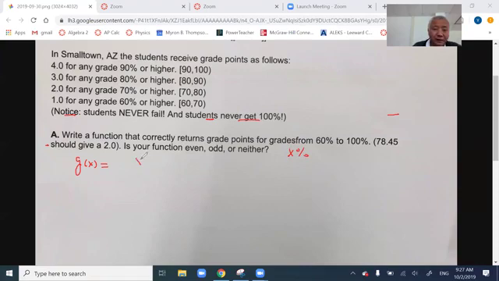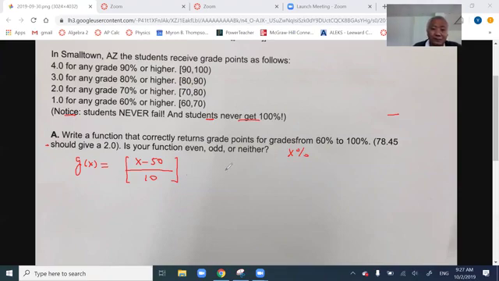We do x minus 50 first, so we see how big the difference is between your grade and 50, and then we divide it by 10. Why am I doing that? Because if you do that and pick the greatest integer, you will transfer the regular grades from 60% up to 100% to the grades of 1, 2, 3, 4.